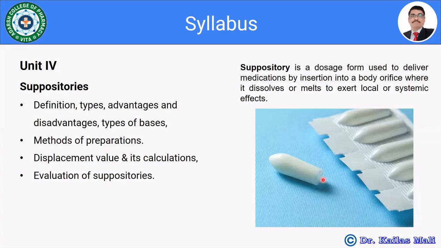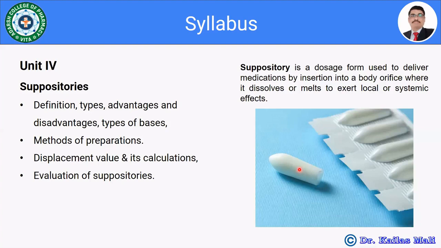For example, suppose the suppositories are inserted rectally. So what will happen? Whatever the formulation is there, it is going to be melted in the rectum or it is going to be dissolved along with the API or drug.